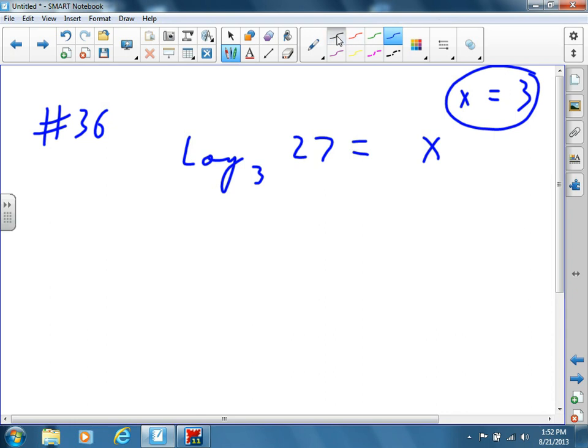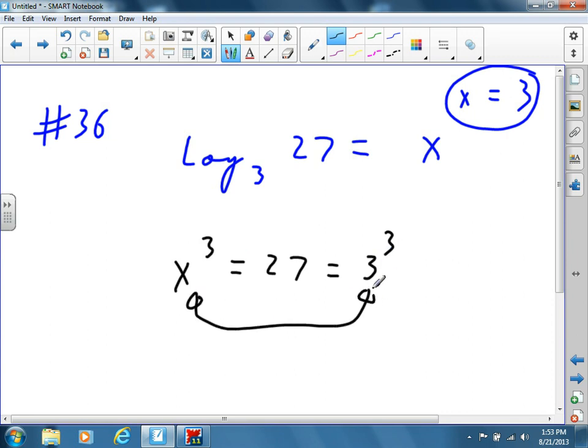So we're going to rewrite the exponential as x cubed is equal to 27. As soon as we do that, we recognize that 27 is 3 cubed. X is equal to 3, which is the same as what we got before we rewrote it.